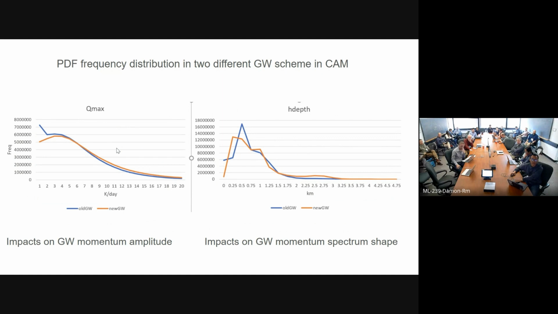Here we compare the change between two different gravity wave schemes. The blue one is the old one, without the fix, and the orange one is the scheme with the fix. We can see there is a very important change in both the maximum heating rate and the depth of convection. You may say these two lines are almost identical, but please notice the head of the red line.